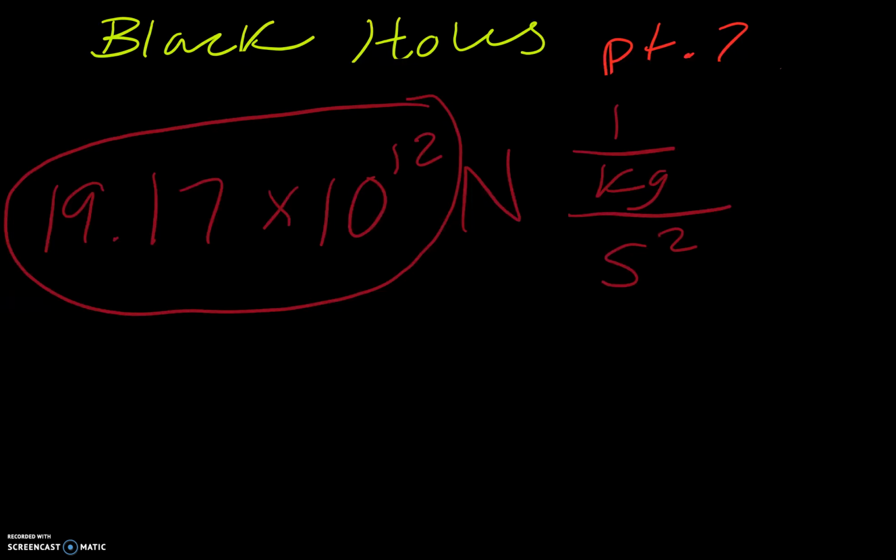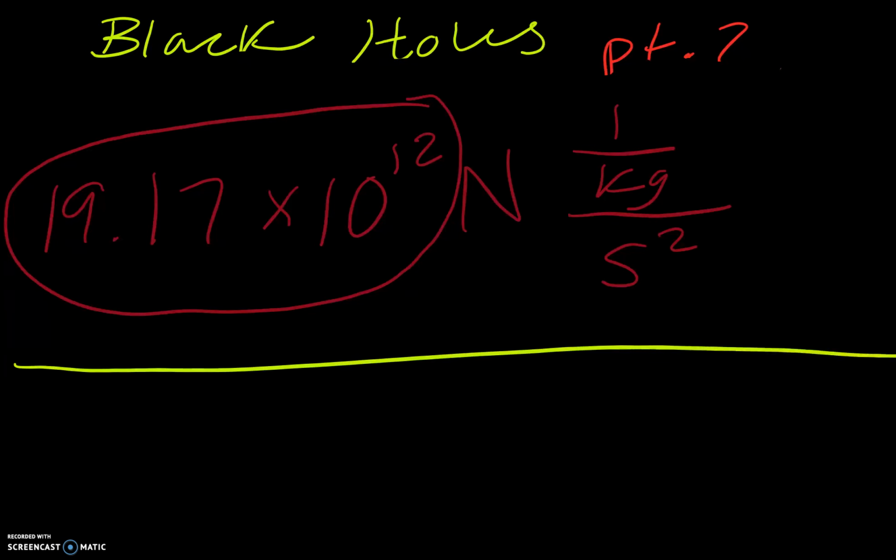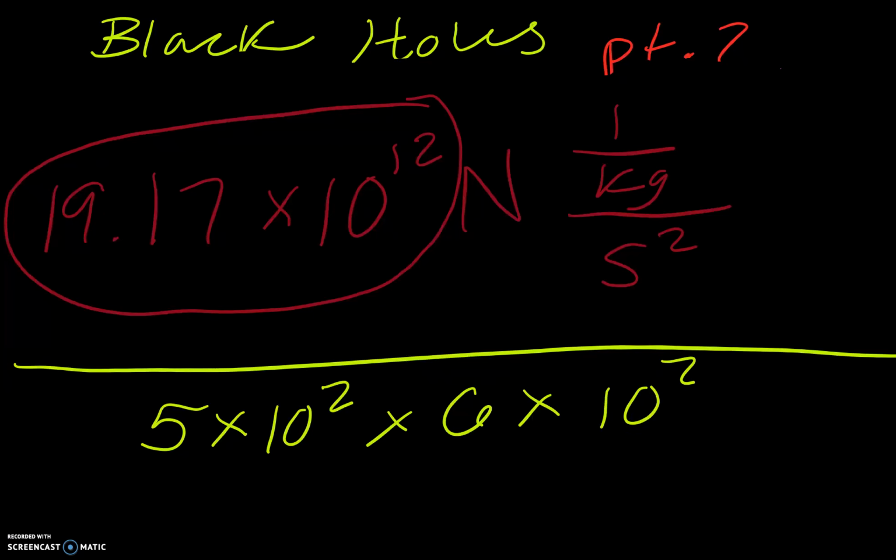So if you're wondering how I'm doing these calculations, a few rules when you're working with exponents. Say you have 5 times 10 to the second, and then you're multiplying that by 6 times 10 to the second.